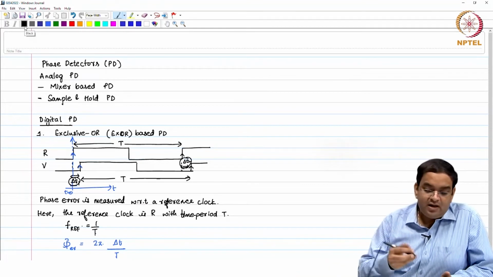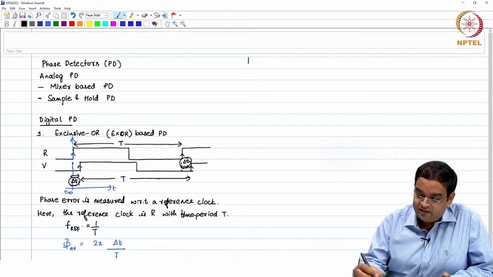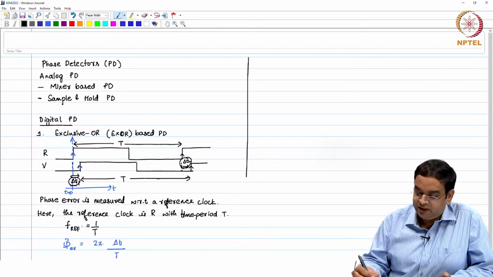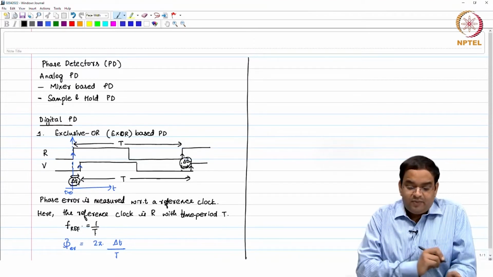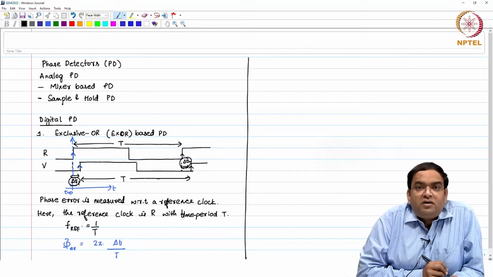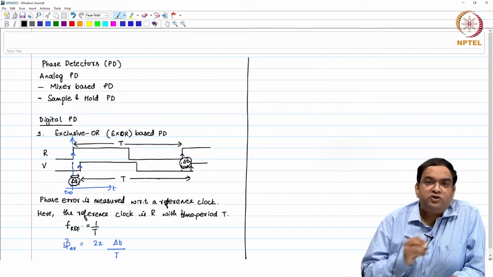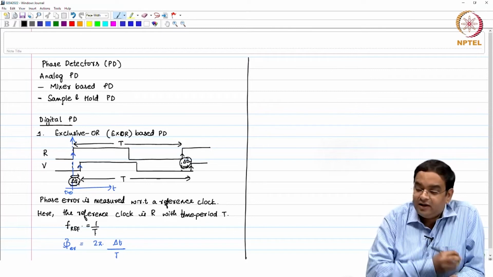So, when we are detecting the phase error for square wave signals using some circuit, we want the output of the phase error detector to be proportional to this delta t.